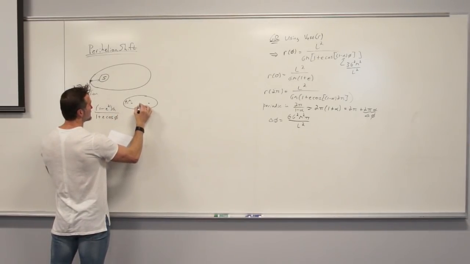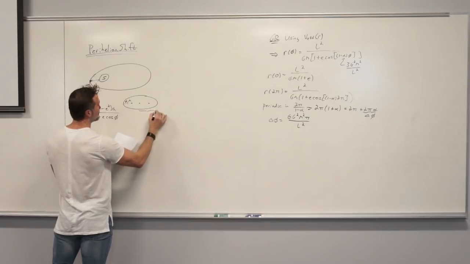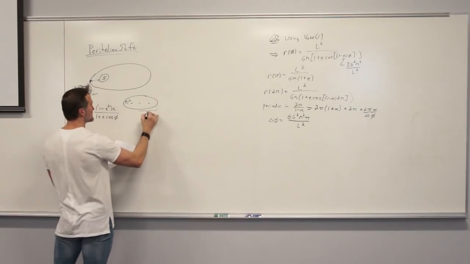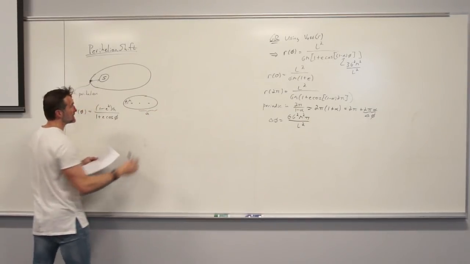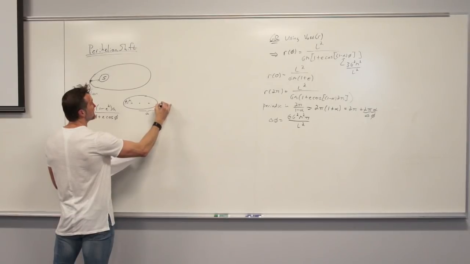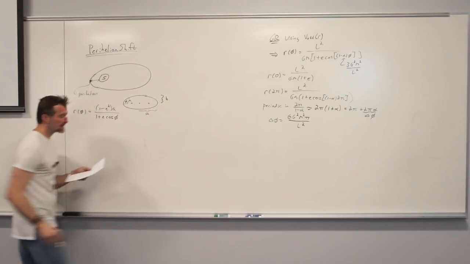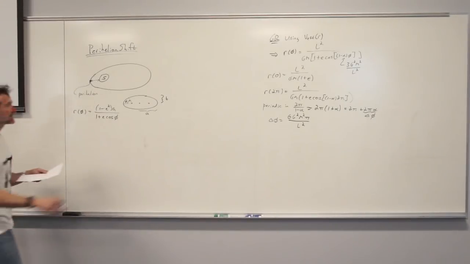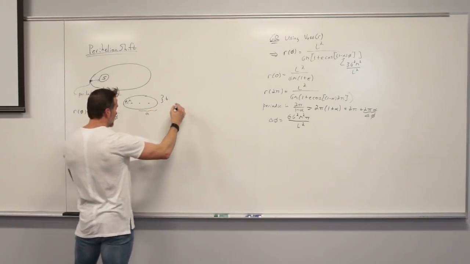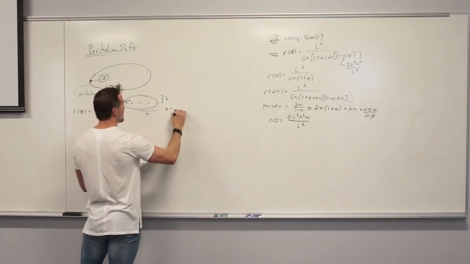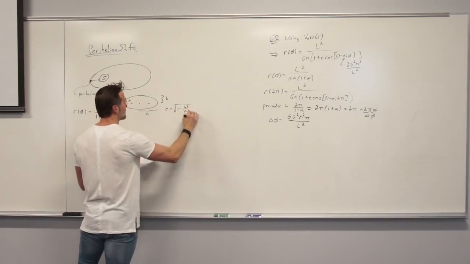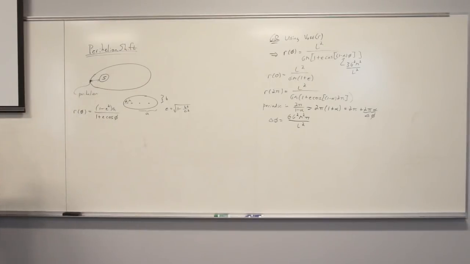From the center of the ellipse out to one of the far edges is the semi-major axis, and from the center up to one of the closest edges is the semi-minor axis. So A is the semi-major, B is the semi-minor. And then the eccentricity of the ellipse is the square root of 1 minus b squared over a squared. Okay? The eccentricity is basically measuring how far deformed from a circle it is.